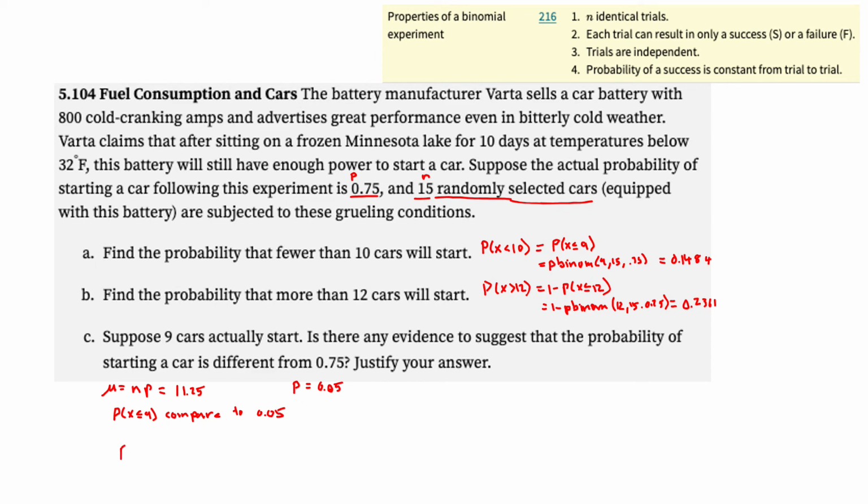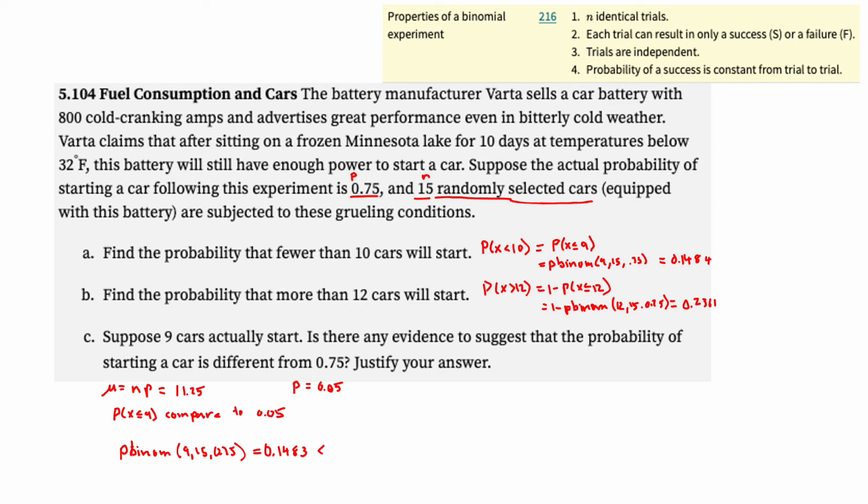Okay, so we're going to put this in our p-binom command. 9, 15, 0.75. And that is going to get us a value of 0.1483. Okay, and so we can kind of say that this event that occurred would occur 14% of the time.